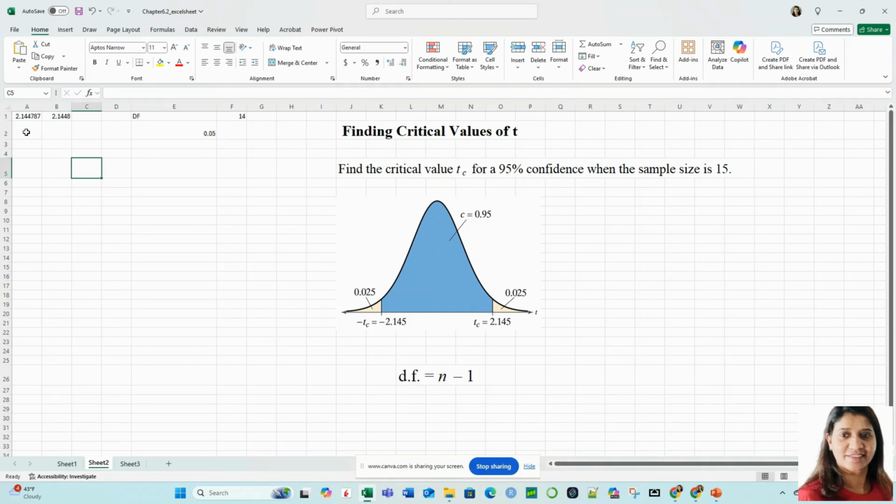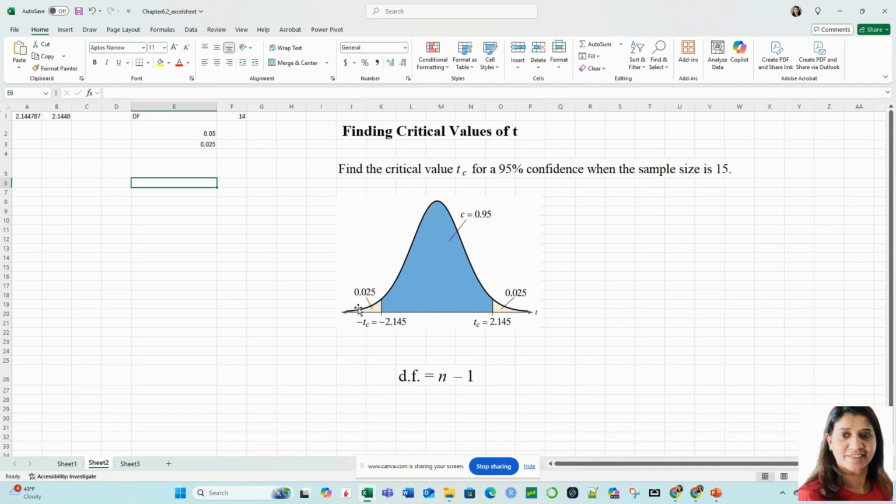Next, the other way. Because 0.05 is the total area of both yellow regions, let's find only one side of the area. We can divide by 2, then 0.025. That means we have to find the inverse value corresponding to the probability of 0.025.